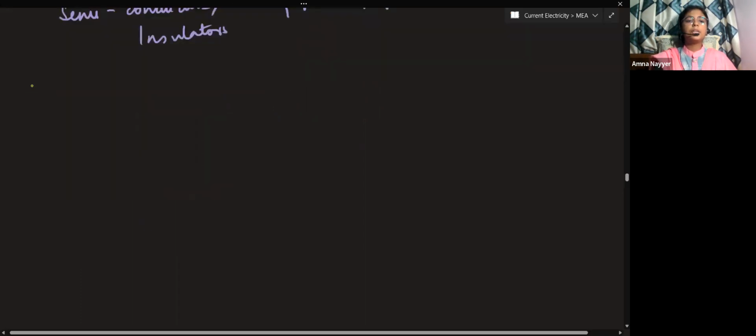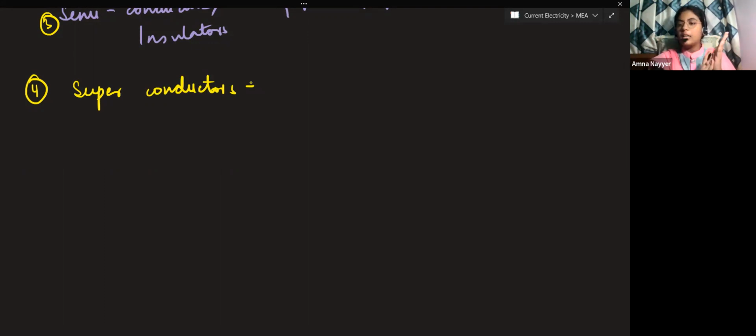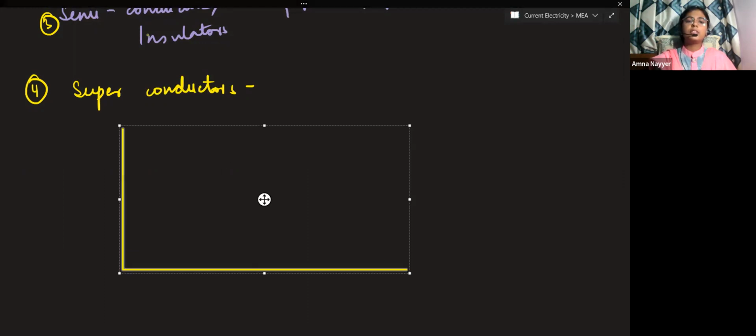This is the fourth type, with semiconductors and insulators being the third, and this is superconductors. What is the mechanism of superconductors? For that, you have to understand the structure of conductors and semiconductors, and for that you have a full chapter. There, we'll deal with it. Right now, you should at least remember the conclusions.